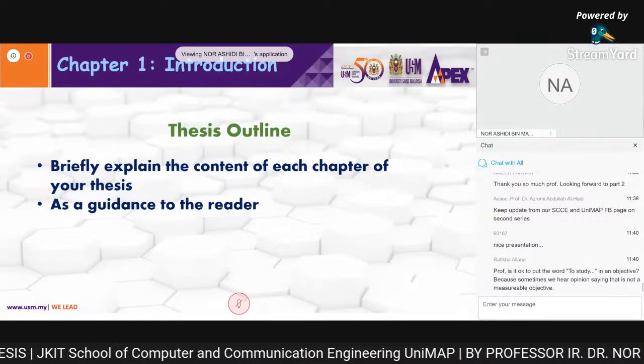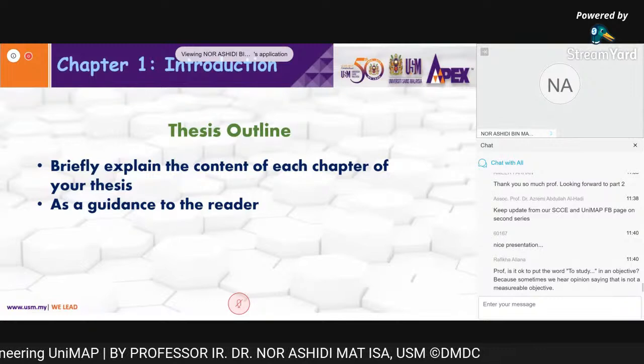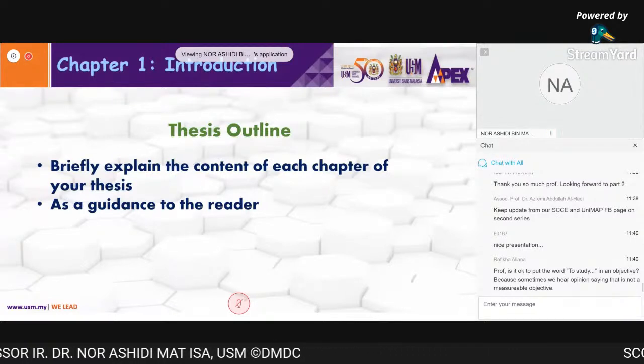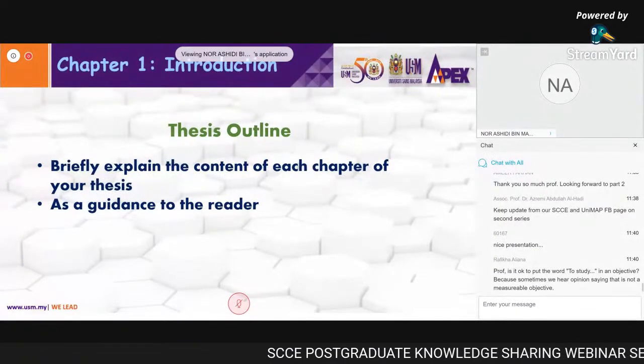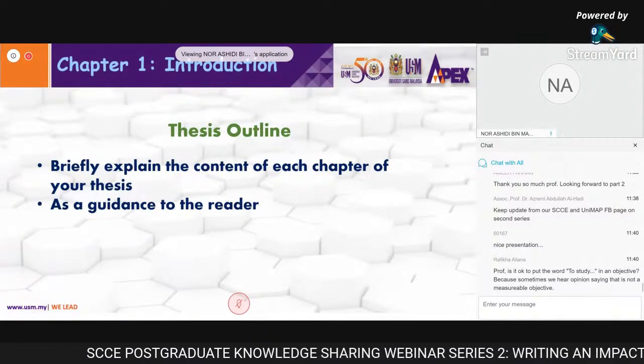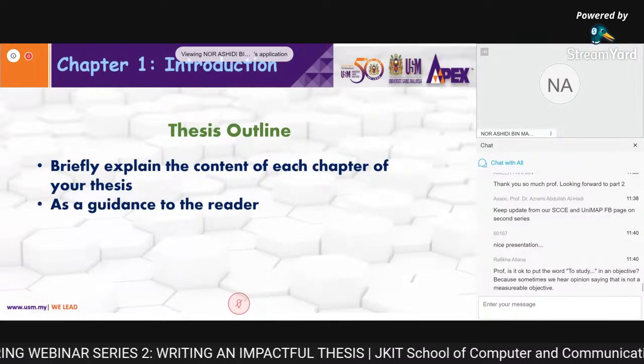So to answer that, for me it is different, because a proposal is more general. The ideas, you just introduce the main idea, the main concept, but not in detail. But the thesis, everything must be in detail.